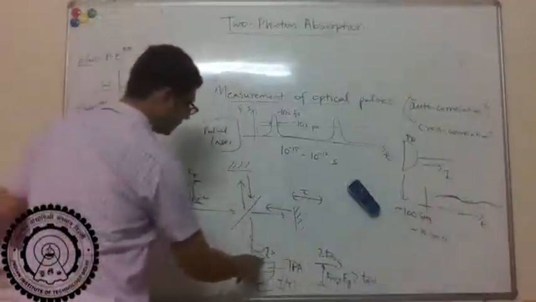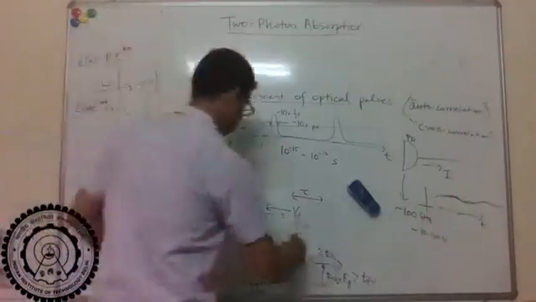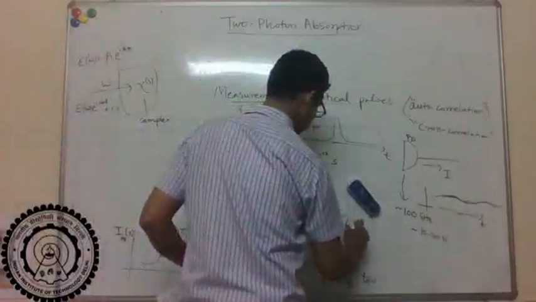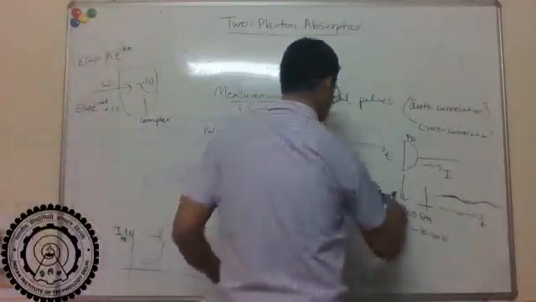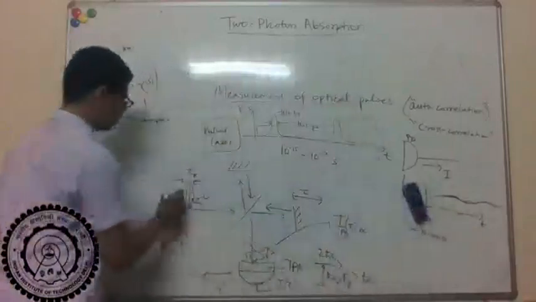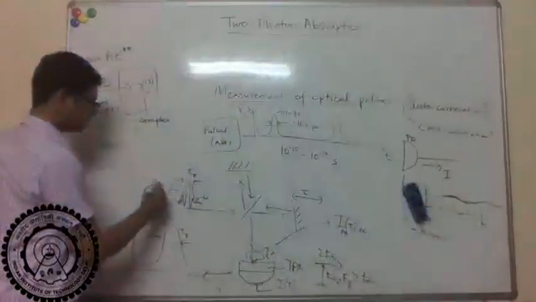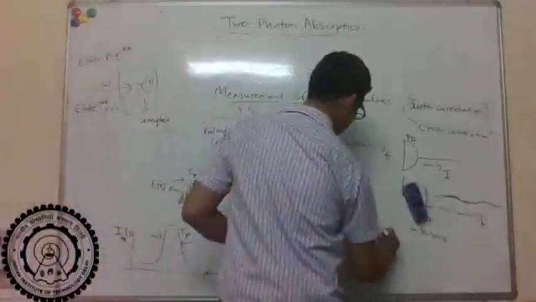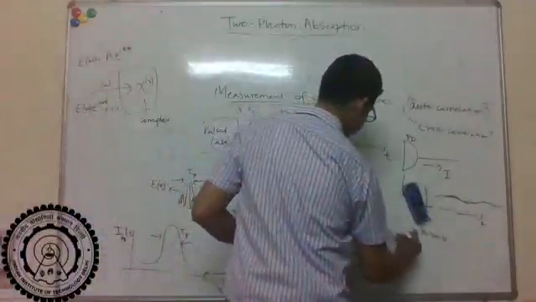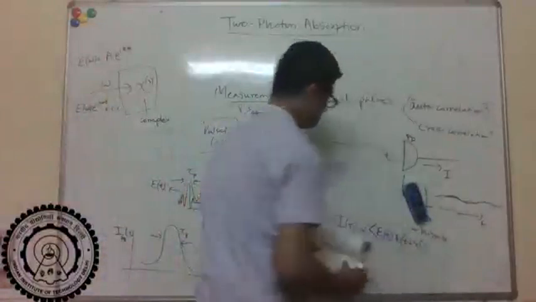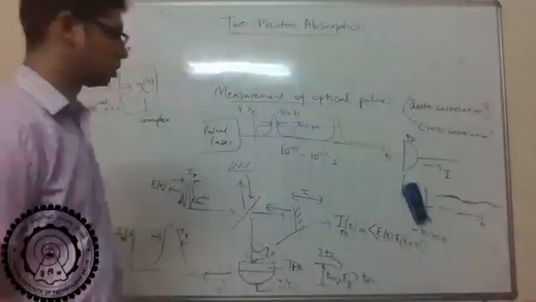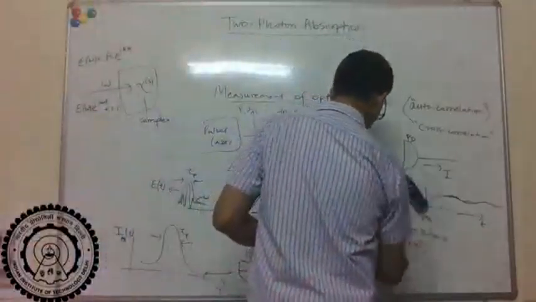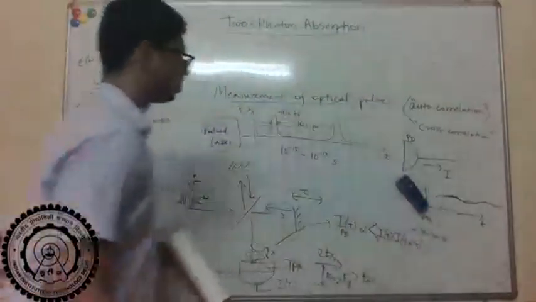The signal that you are getting here is proportional to the current. If I call this E of t, the electric field profile, you're averaging I of t times I of t plus tau.